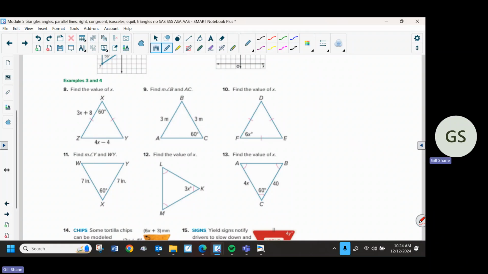Yeah, 328, 8 through 13. I will say, I think there's a problem that's wrong with the book that cannot be solved.